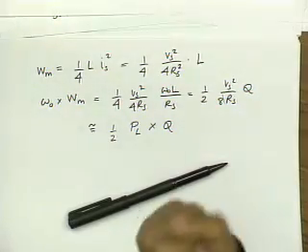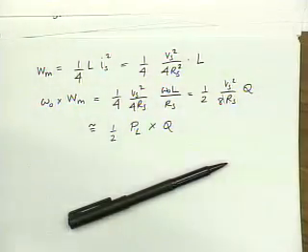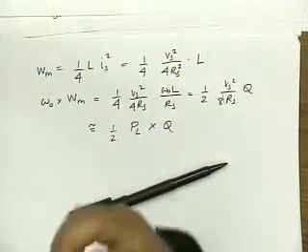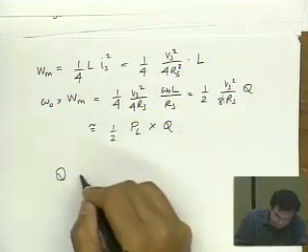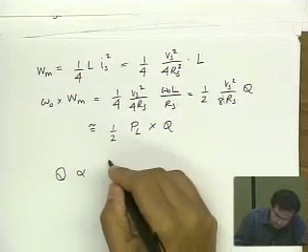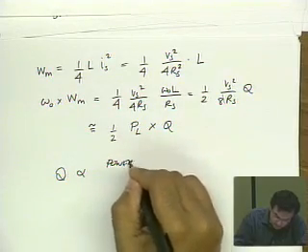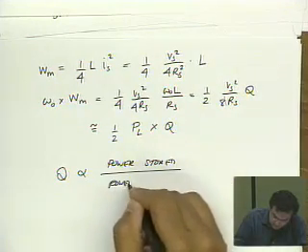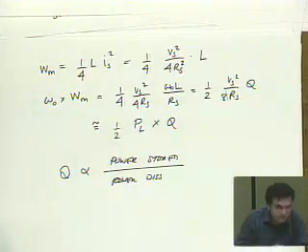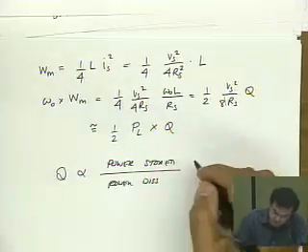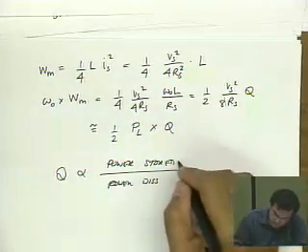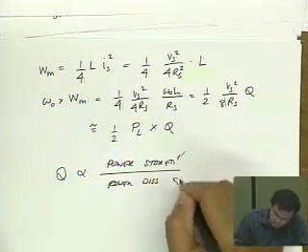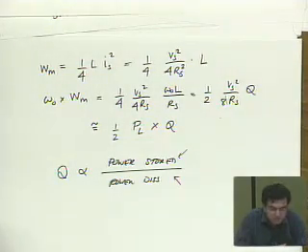So we could come back and redefine the quality factor. In fact, the more general definition of quality factor is that quality factor, Q, is proportional to the power stored divided by the power dissipated. So this is a much more fundamental definition of quality factor.